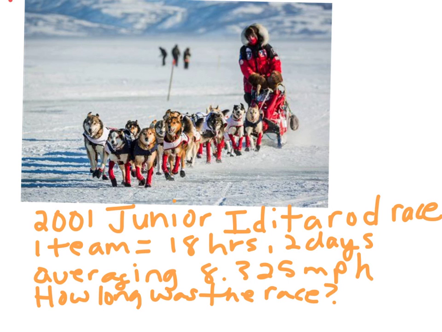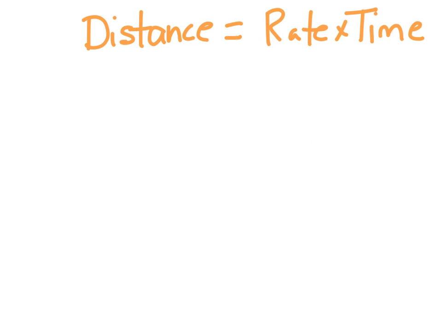How long was the race? So let's see how we would set up this problem. We need to use the formula distance equals rate times time. So we would write 8.325 times 18. We would multiply that out.